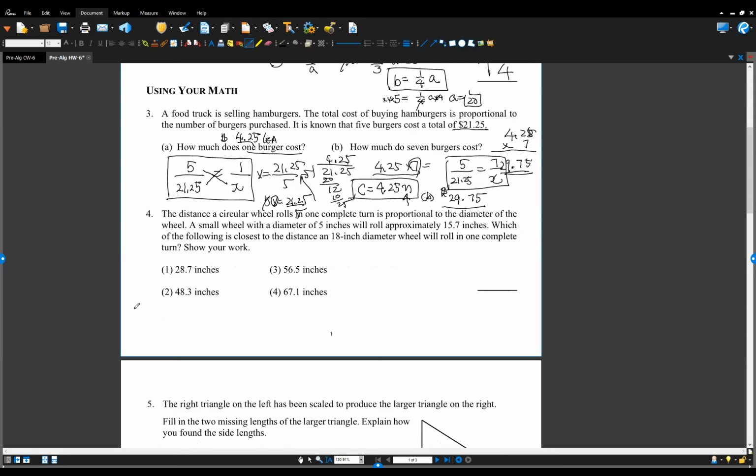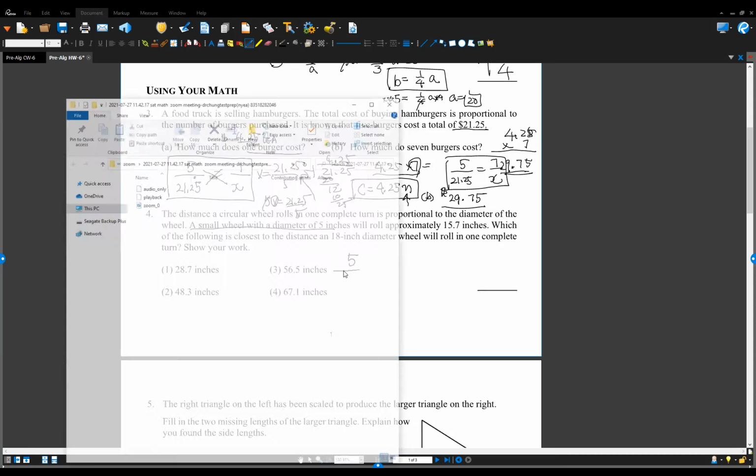All right, number 4. The distance a wheel rolls in 1 complete turn is proportional to its diameter. The more diameter, the longer we go. That's true. A small wheel has a diameter of 5 inches. Just use a proportion.